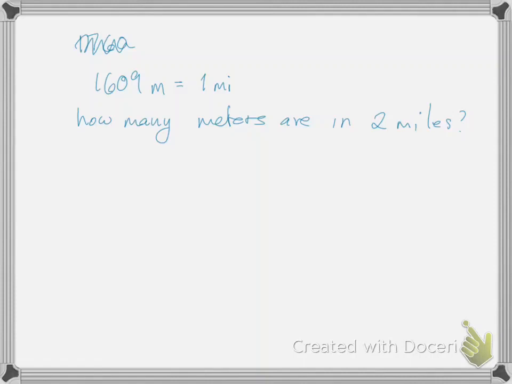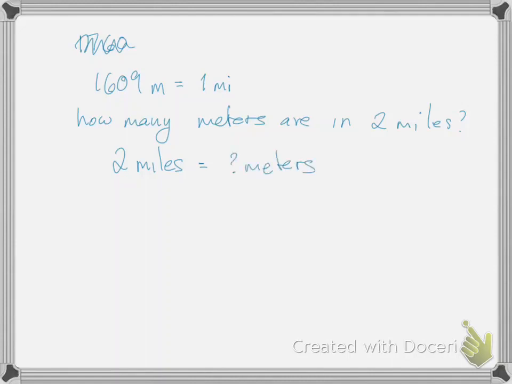But how do we do that mathematically? How do we do that using a unit conversion? If we have 2 miles and we want to convert it to meters, we have to convert it using what's called a conversion factor. The conversion factor is the factor of how many meters are in a mile.